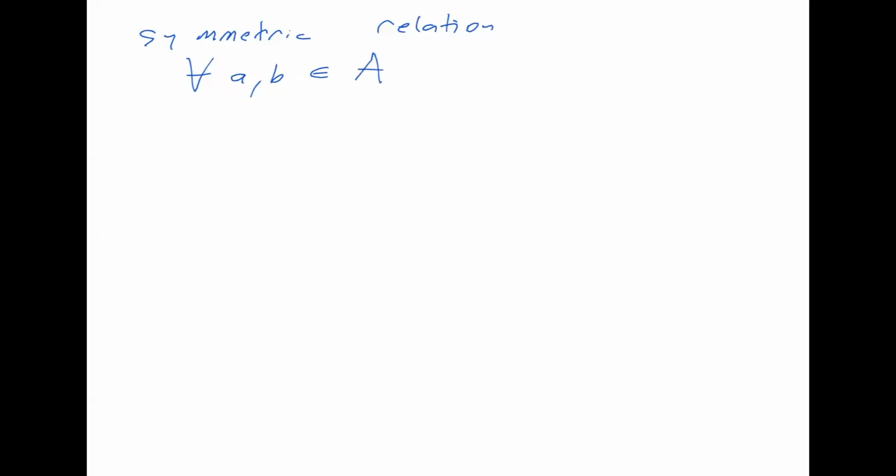R is a symmetric relation if and only if for every 2 points in A, if AB is in the relationship, then BA also has to be in the relationship.